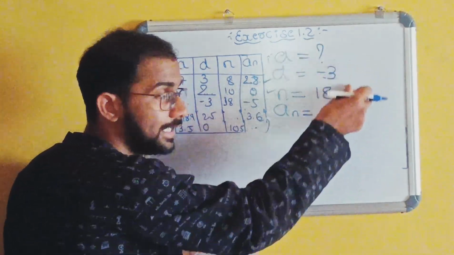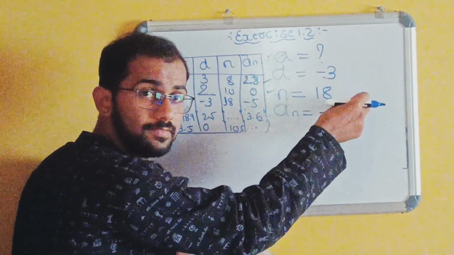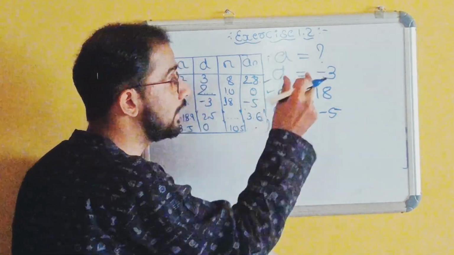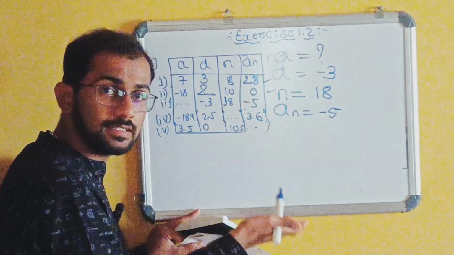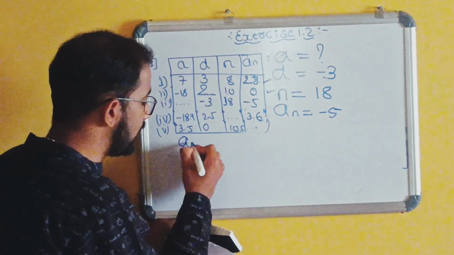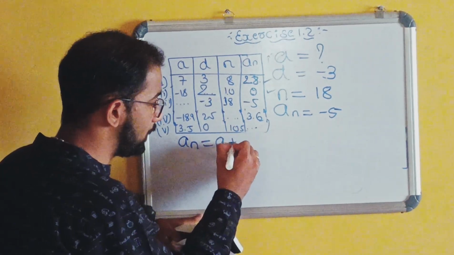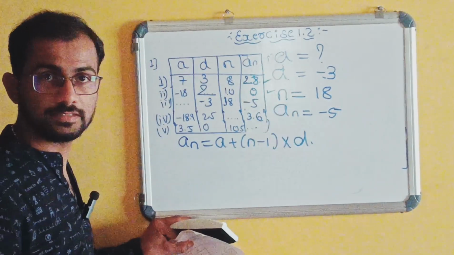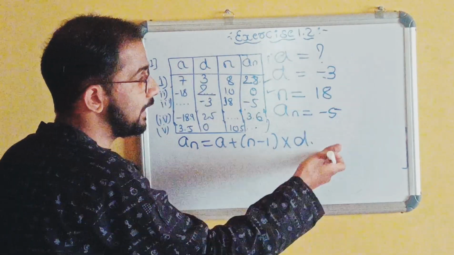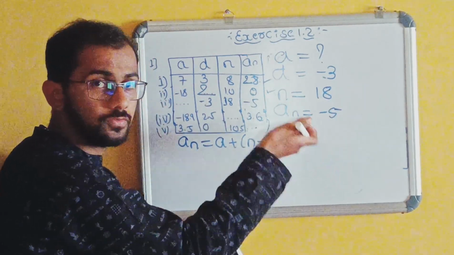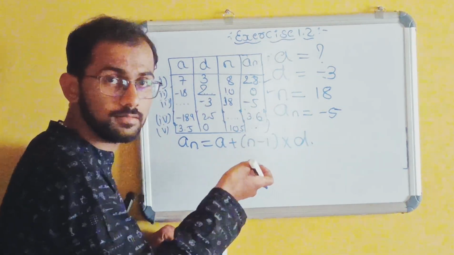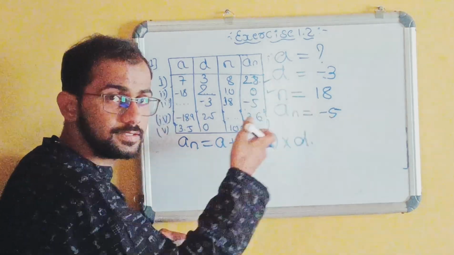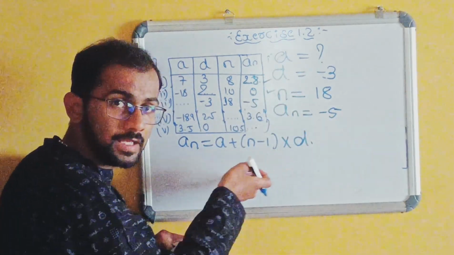So using these three pieces of information, we need to calculate the value of A. Now again consider the same formula, An equal to A plus n minus 1 into D. This formula is fixed. Now substitute whatever values are given in this formula.